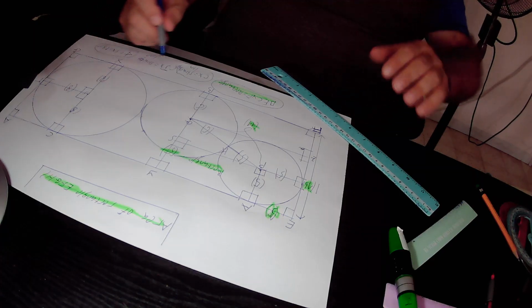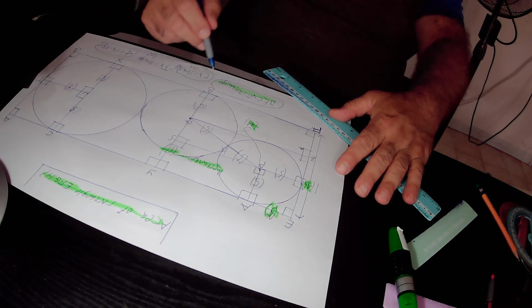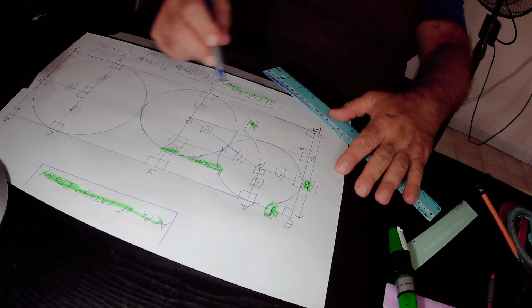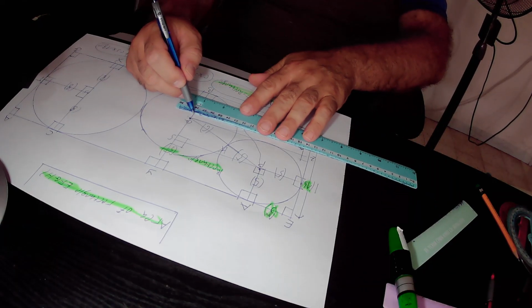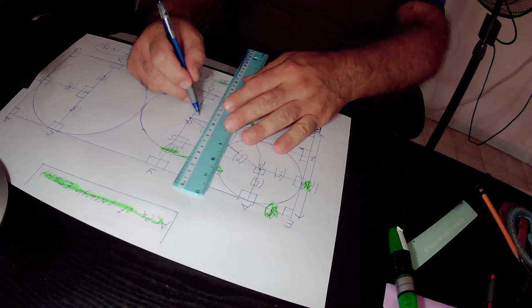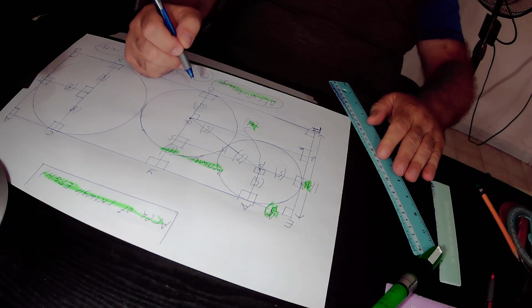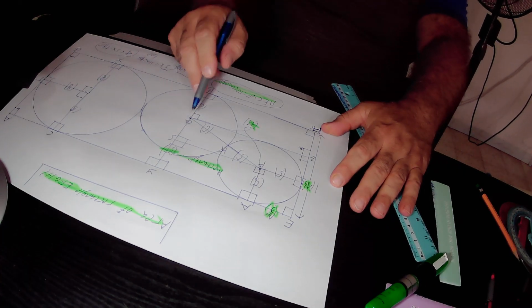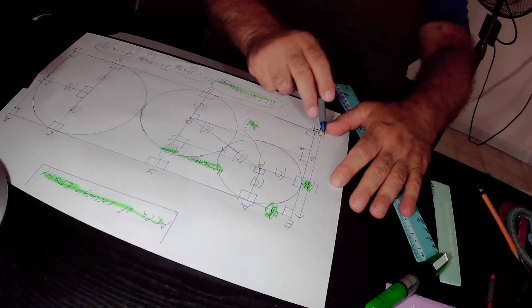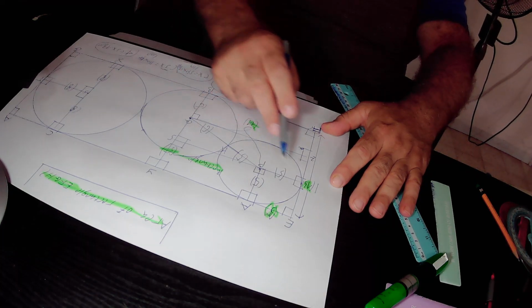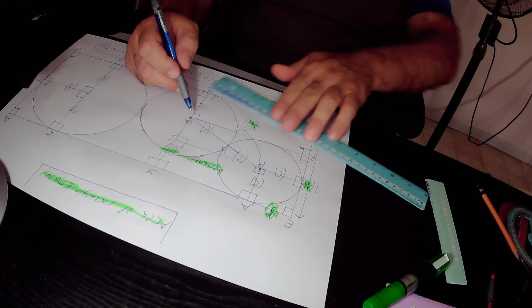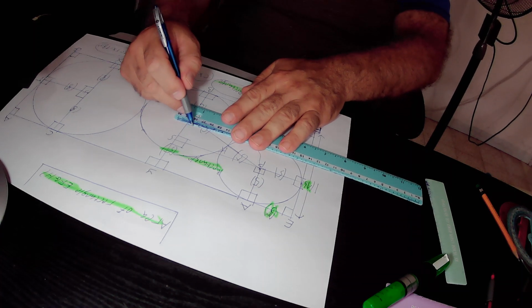So inside quadrilateral QZF, we have 1, 2, 3 right angles, and therefore this fourth missing angle must also equal 90 degrees. Inside quadrilateral SLZQ, we have 1, 2, 3 right angles, and therefore this fourth missing angle must also equal 90 degrees in its size.